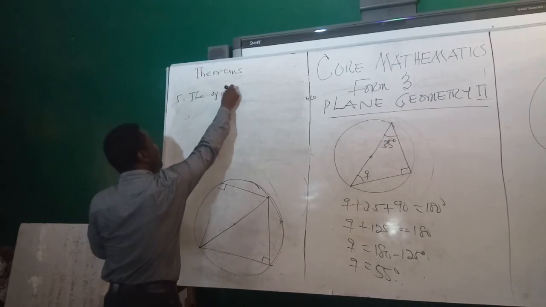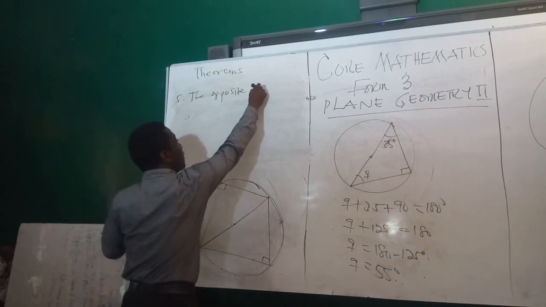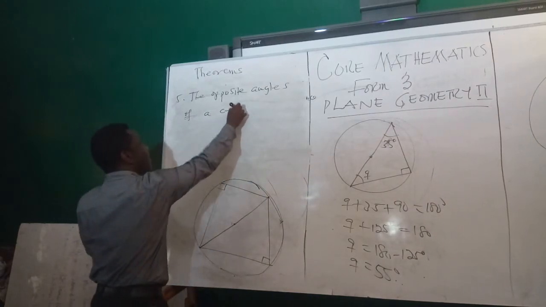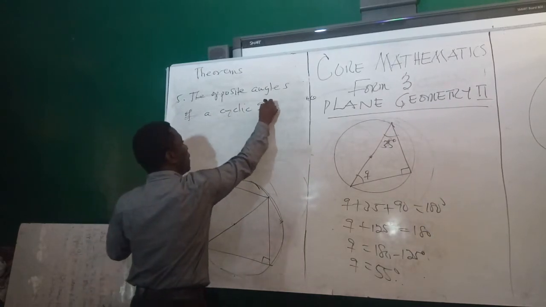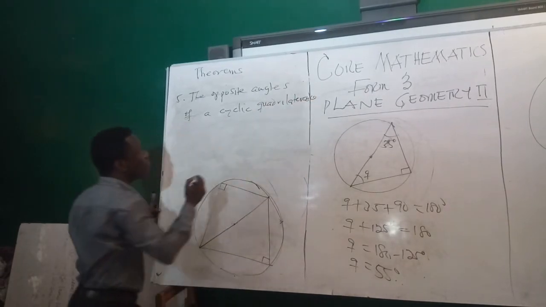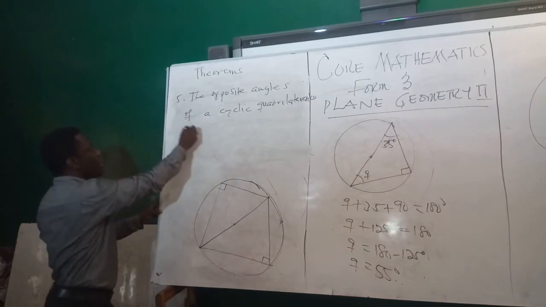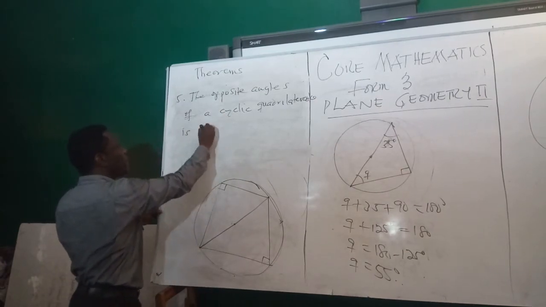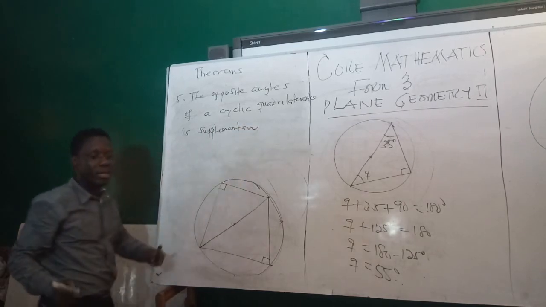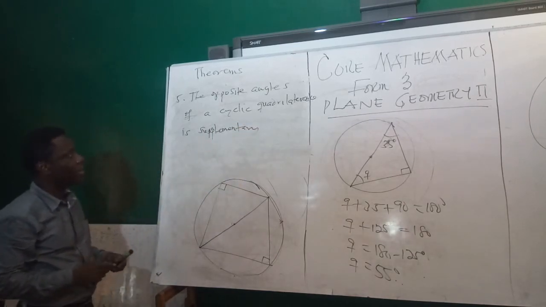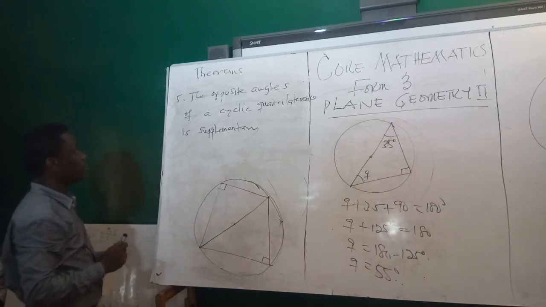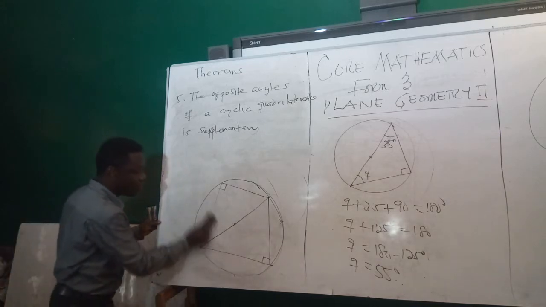The opposite angles of a cyclic quadrilateral are supplementary, and I've already defined supplementary by saying that it means when we sum them up, it gives us 180 degrees. Now, what does that simply mean? It follows.